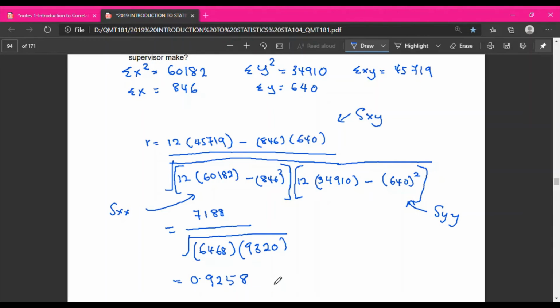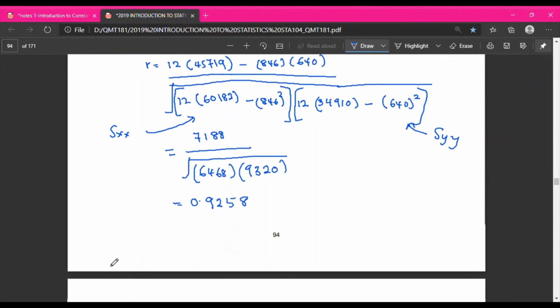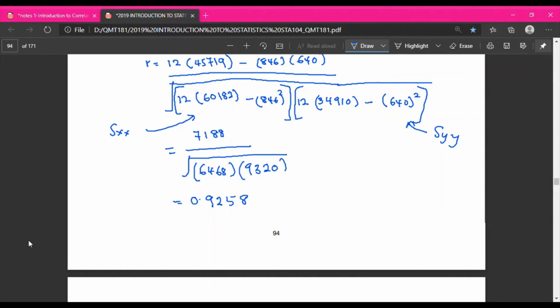So this is the answer that we have here for R, 0.9258. So what can we conclude from this value? From this value, we can say that 0.9 is a strong relationship.